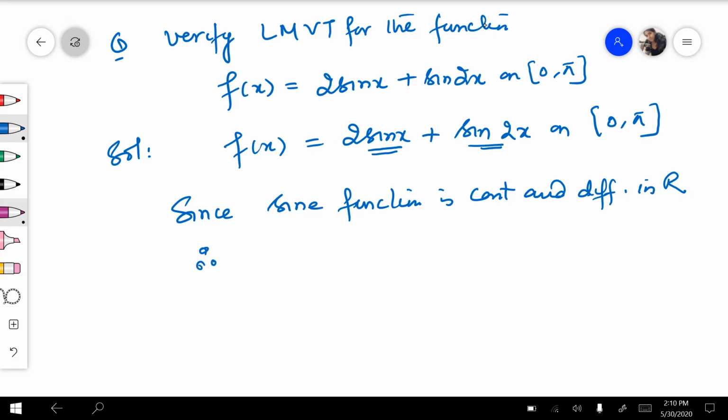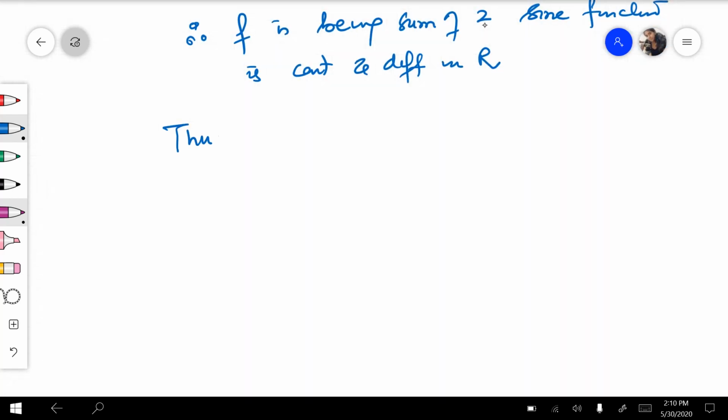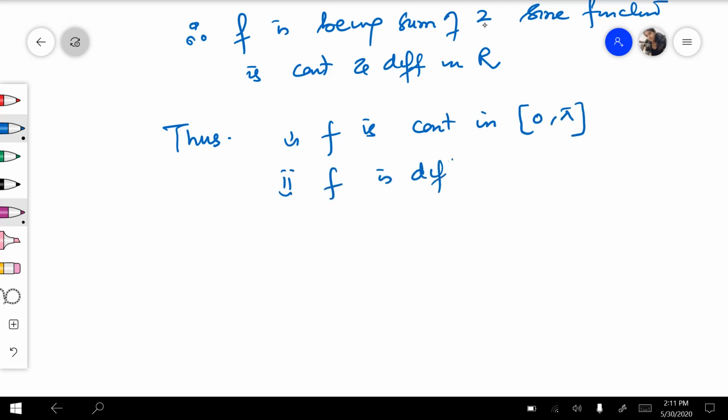Therefore, f being sum of two sine functions is continuous and differentiable. Thus first, f is continuous in closed interval 0 to pi, and second, f is differentiable in open interval 0 to pi.